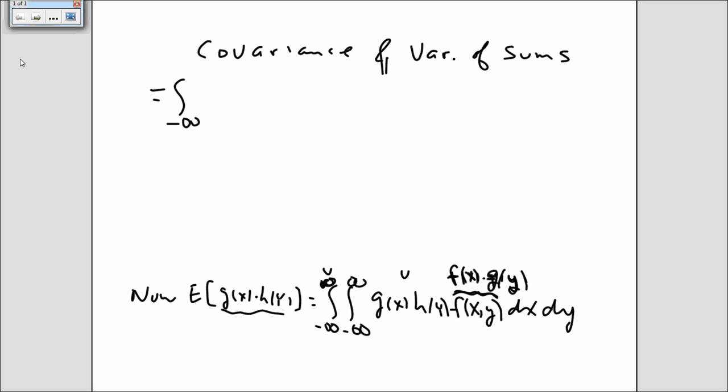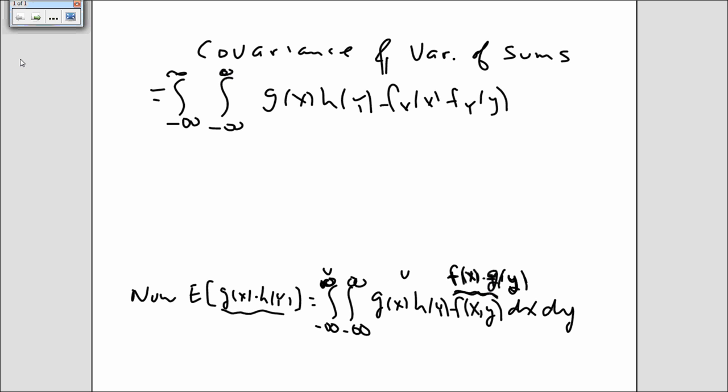This integral from negative infinity to infinity, negative infinity to infinity, of g of X times h of Y times fX of x times fY of y dx dy.